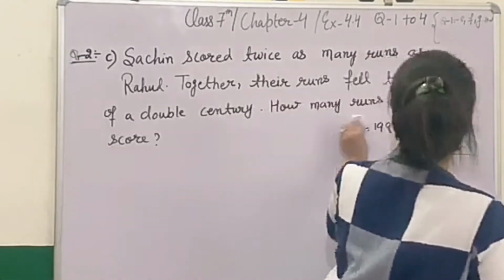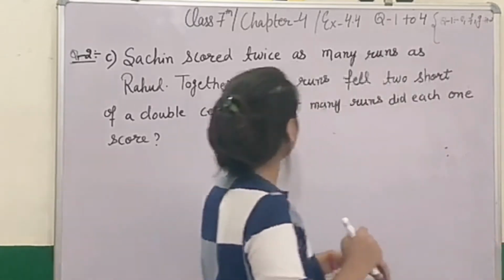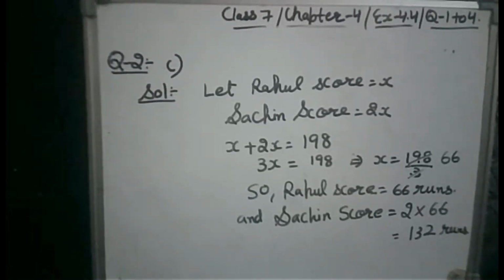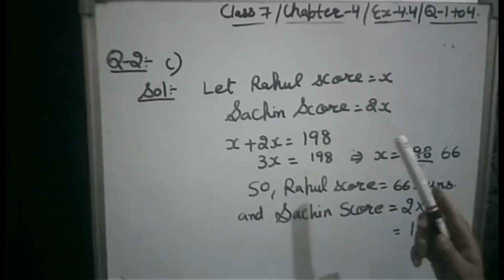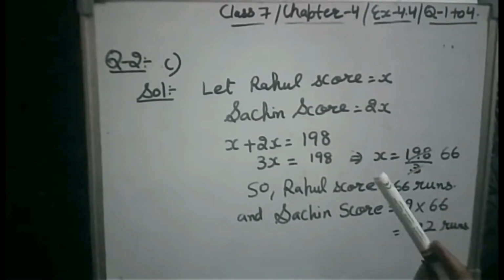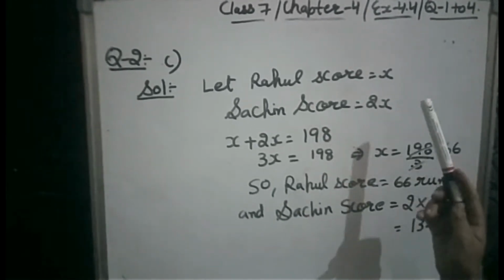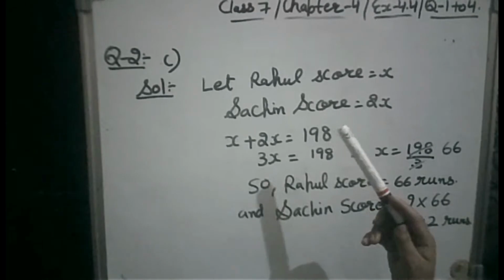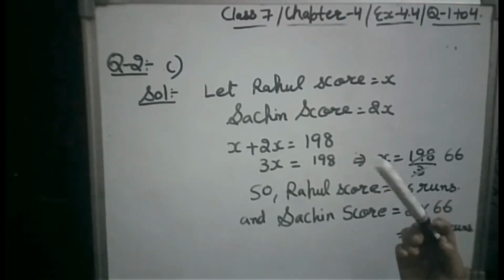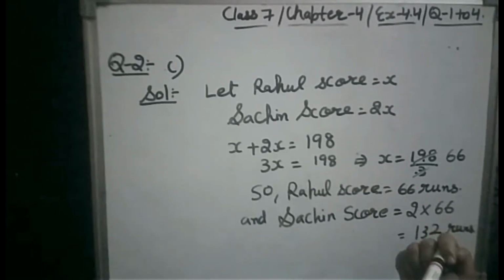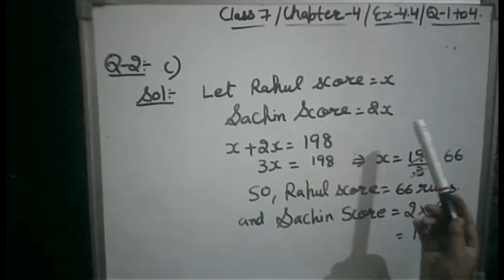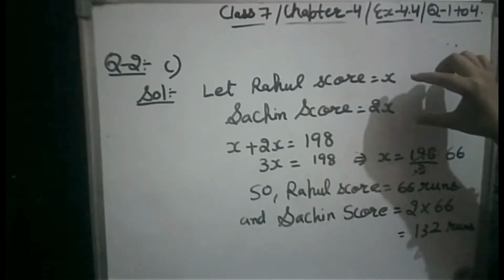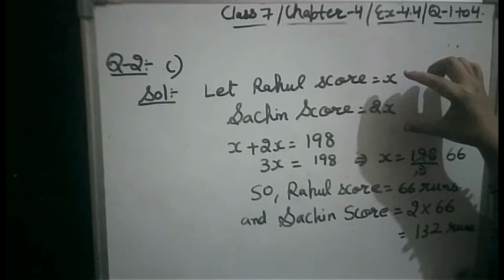So let's start the solution. For that, what is the solution? Let's take Rahul's score first. That would be x, and Sachin's score is twice, the double of Rahul's score. So that would be 2x only. So these two will be the conditions for Rahul and Sachin.